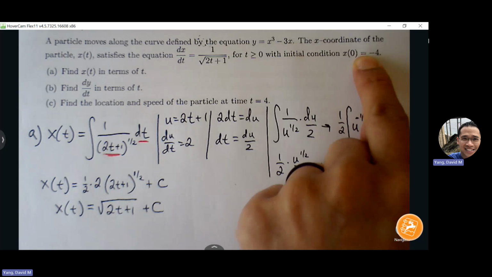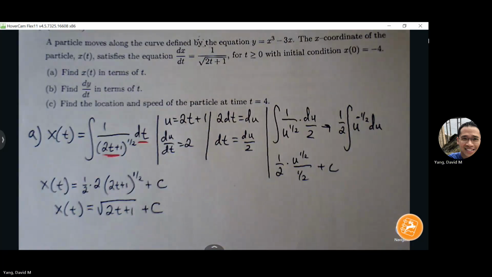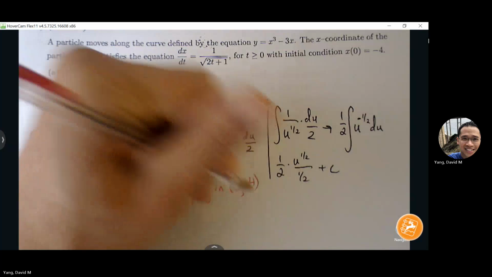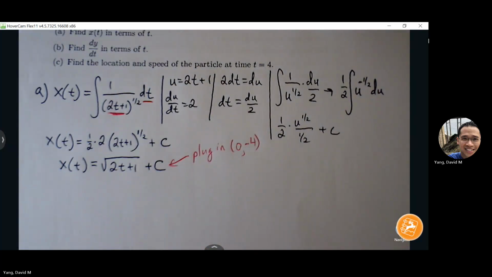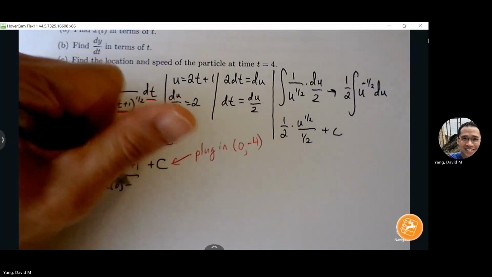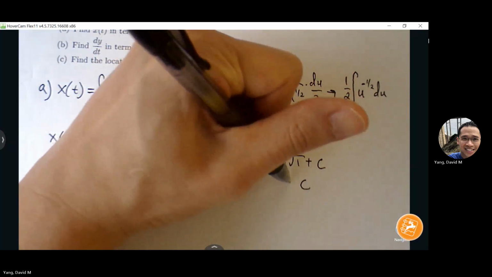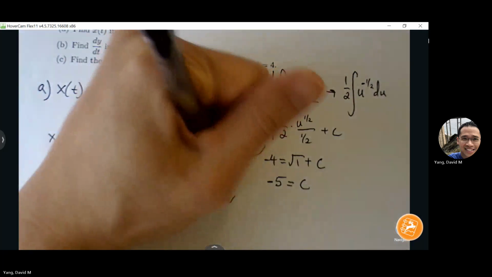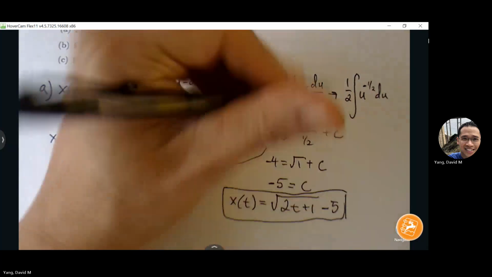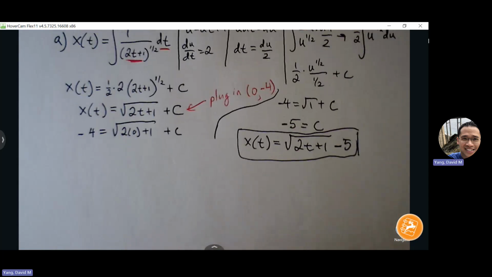So 0 in for t, -4 in for x of t, solve for C, and then we can find the specific x of t equation. All right, any questions with part A?